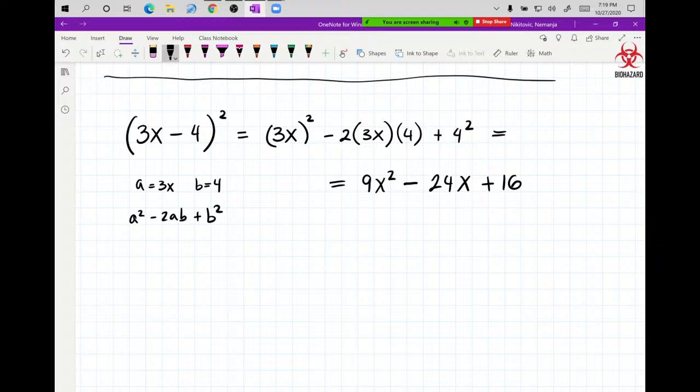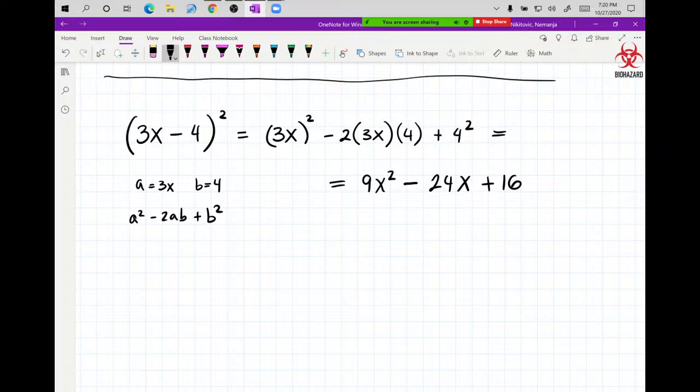2 times 3 times 4. Okay, so you always do that? You simplify everything separately, right? Yeah, you want to simplify everything, so you don't have to do any other calculations. You have the least amount of operations left.